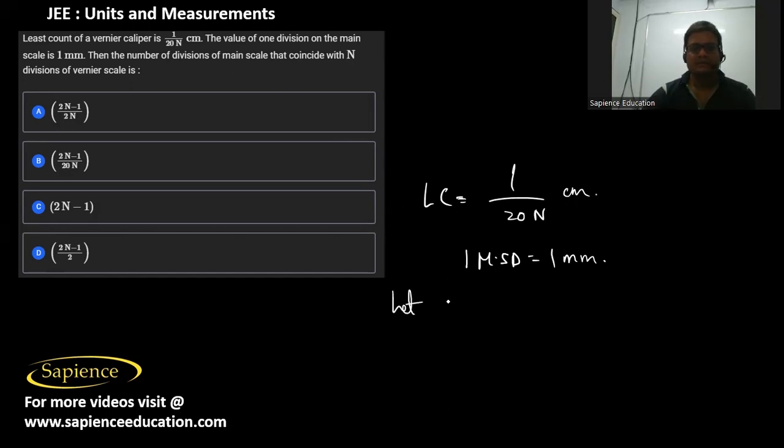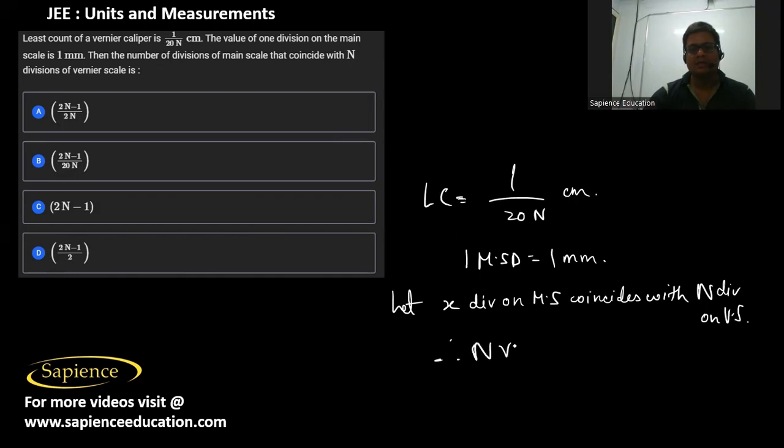So let's say x divisions on the main scale coincide with N divisions on the vernier scale. Therefore N vernier scale divisions are equal to x main scale divisions. So one vernier scale division is equal to x by N main scale divisions, that is x by N millimeter.